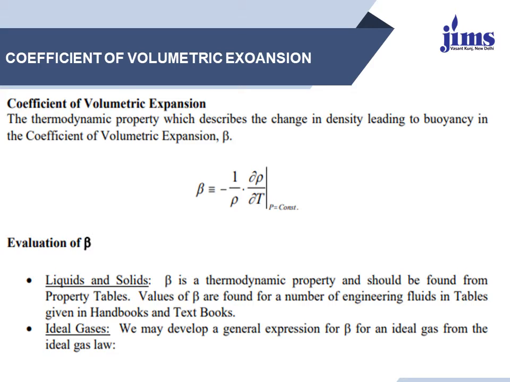The values of beta are found for a number of engineering fluids in the tables given in the HMT handbooks, and for ideal gases we may develop a general expression for beta from the ideal gas law. It has been observed that during heat transfer from a heated surface to the surrounding fluid, the fluid adjacent to the surface gets heated.